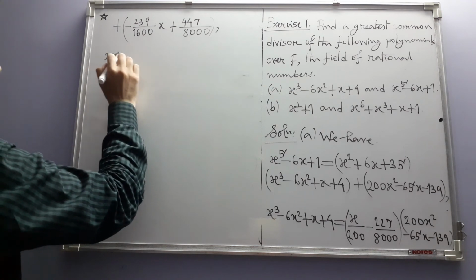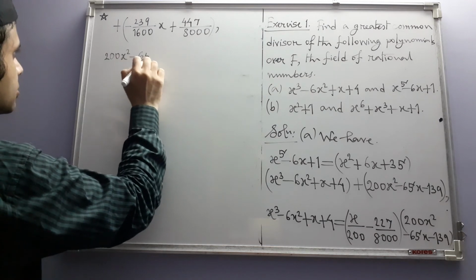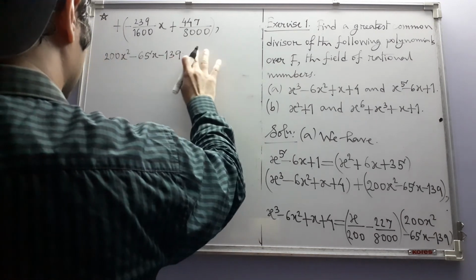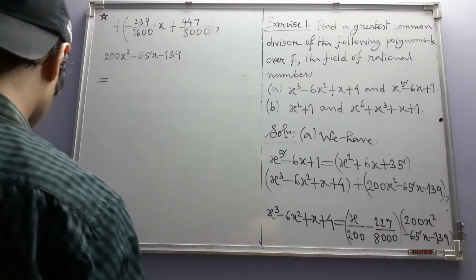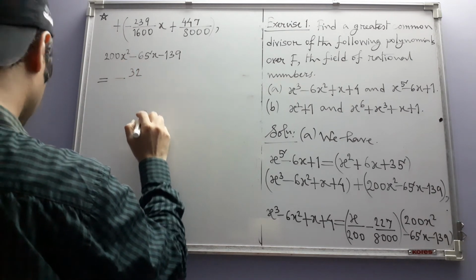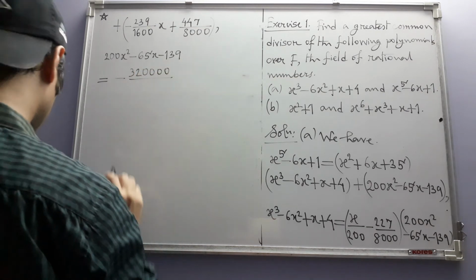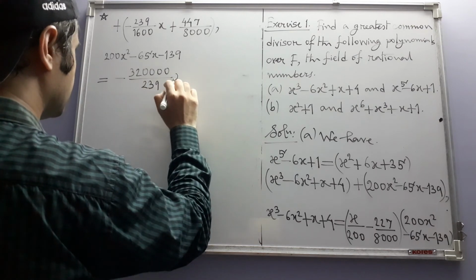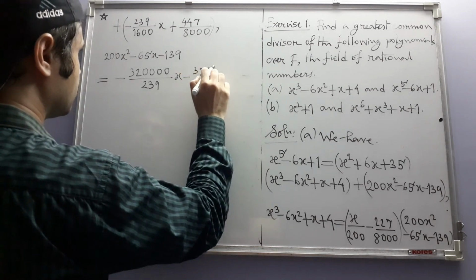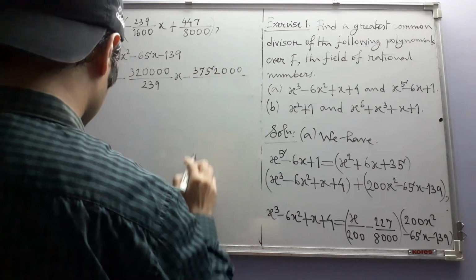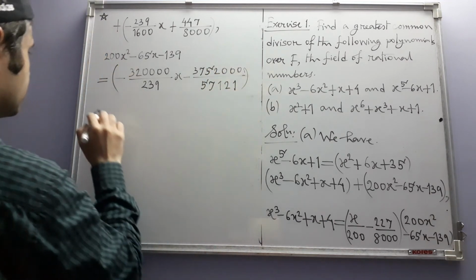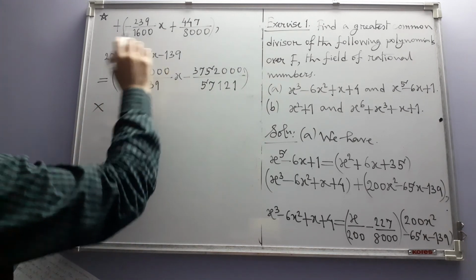So that means 200x square minus 65x minus 139 is equal to, I better write the equality sign here, minus 32 followed by 4 zeros divided by 239x minus 3752 divided by 57121 times the divisor, which is this one.